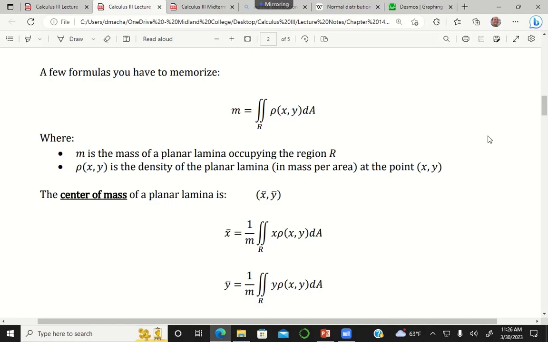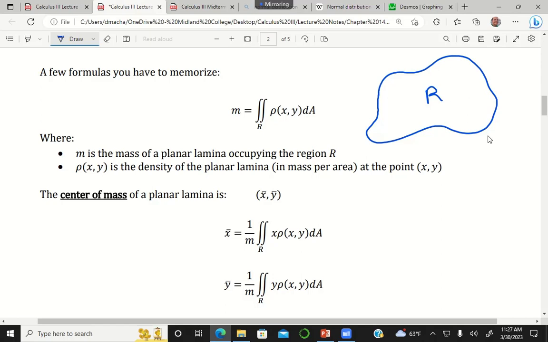Little lowercase m is talking about the mass of a planar lamina. A planar lamina means I have this two-dimensional region R, and I think of this as being just a weirdly shaped steel plate, a very thin plate of metal that's practically two-dimensional because of how thin it is.